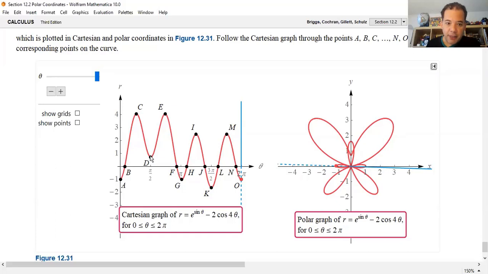Then we repeat that big loop from D to E, and that would be that big loop over here. Then we come back to 0. That would be the point F. This point F would be right here in the center. Then we do a little mini loop in the negative side. That would be this little small one over here.